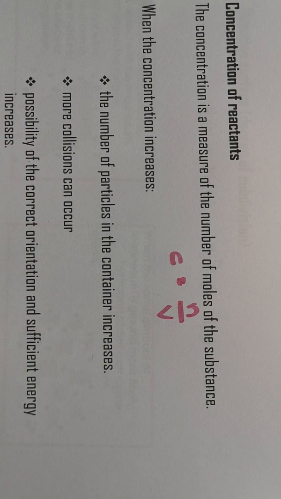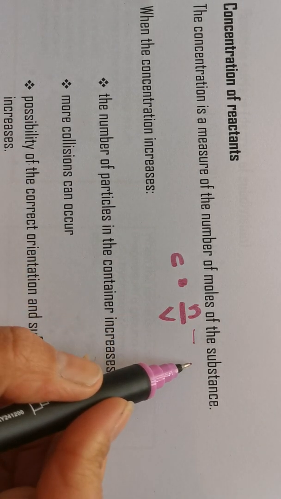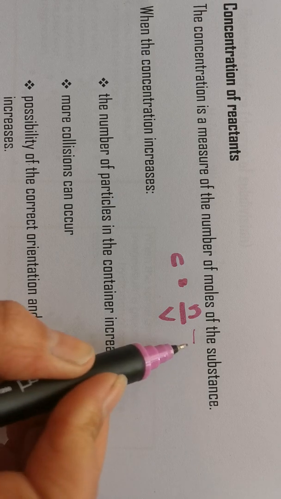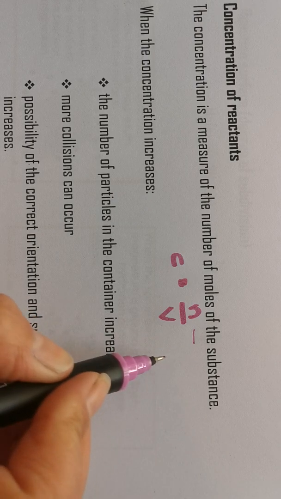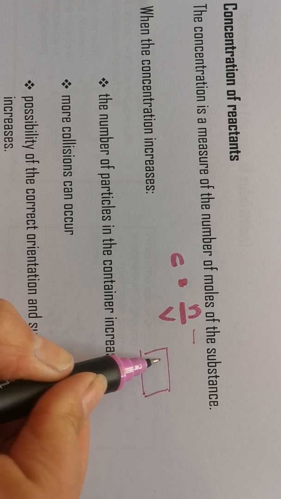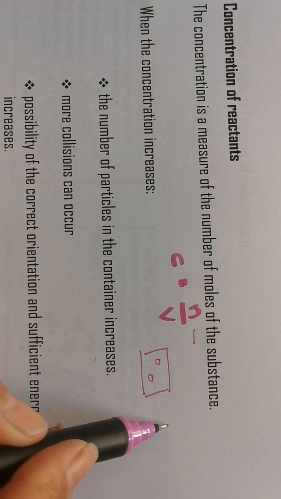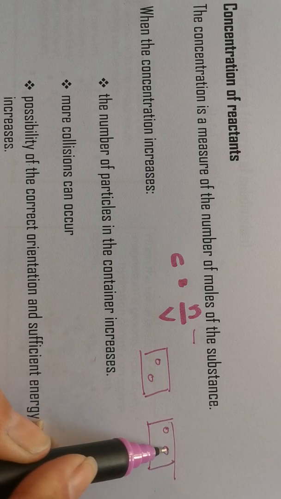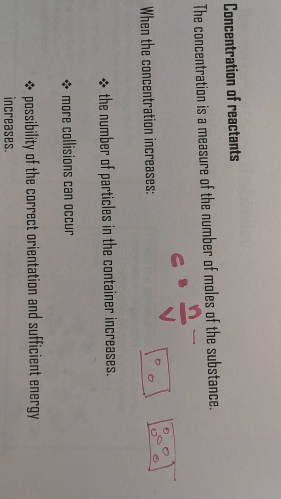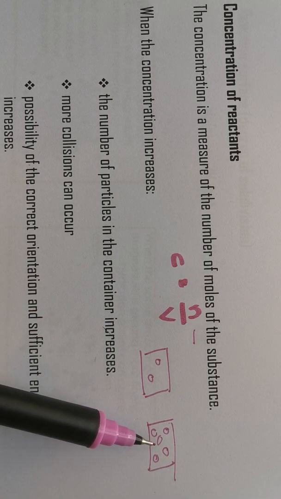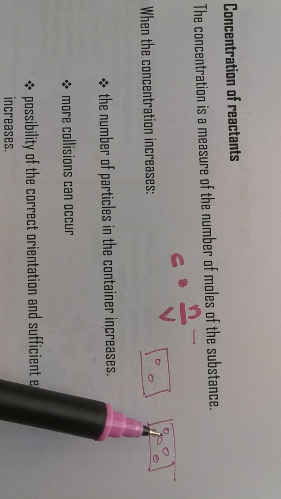So we already know that when we talk about the concentration of reactants, the number of moles plays a huge role in all of this. And this just means how much substance do we have in a specific volume of space. So if I take a volume of space, if I only have 2 reactants in it versus another volume of space that's similar, but I have, let's say, that many particles in it, we know that that's my higher concentration, and that's going to lead to a higher rate of reaction.